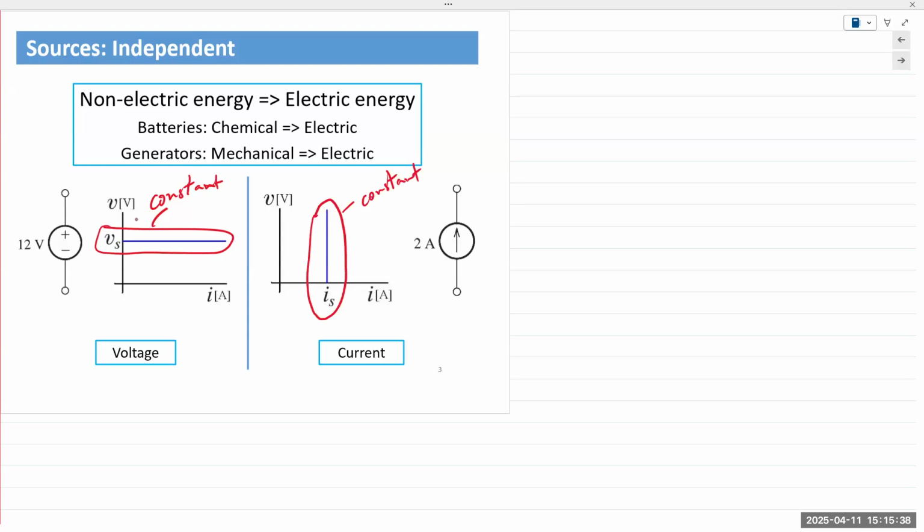And in every power supply unit that you will use, or if you have noticed in the past, there will be two modes of operation: constant voltage mode and constant current mode.